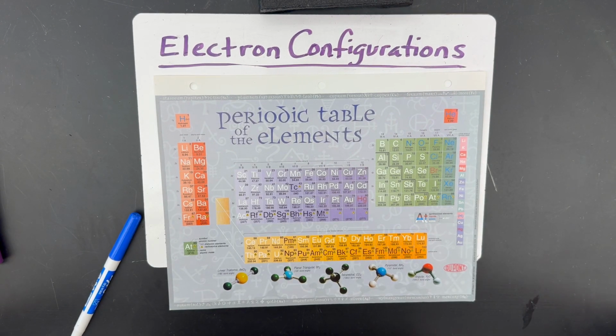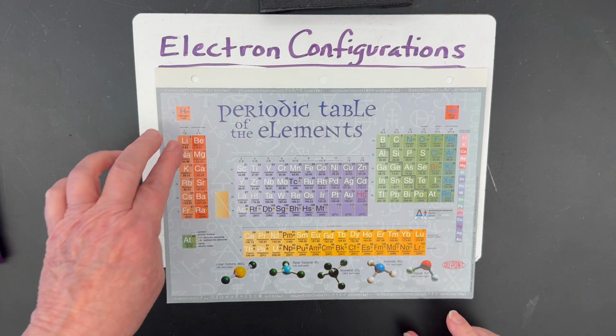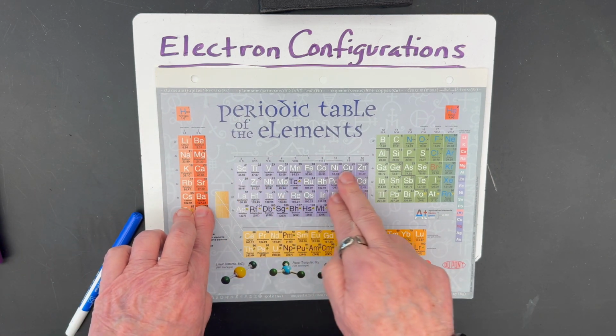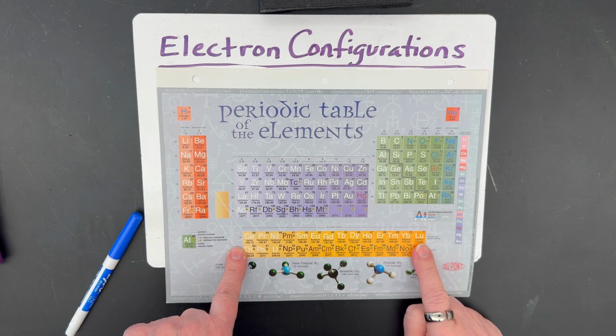While it can be a great temptation to use that diagonal diagram, what you're actually doing is showing where all the electrons in an element go, and the periodic table shows you exactly the same thing. If we look at this periodic table, we can see it's broken down into an orange, a purple, a green, and a yellow section.